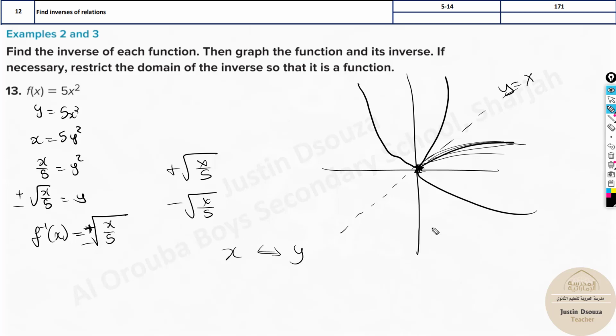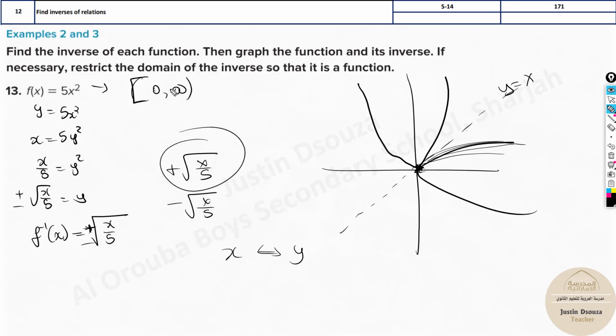X is the domain, y is the range. Now look at the range possible for this particular answer. What is it? It will be from 0 to infinity. So you must always consider that when the domain is restricted to the interval 0 comma infinity, we will get this positive answer.